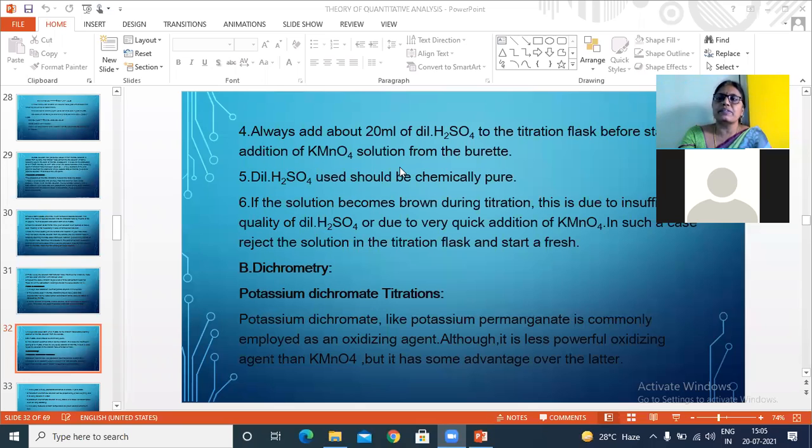So we can determine reducing agents like ferrous sulfate, oxalates, and oxalic acid using dichrometry or permanganometry.